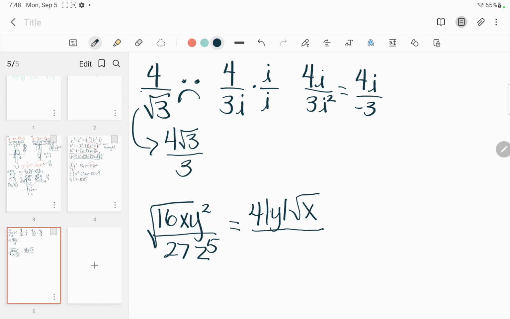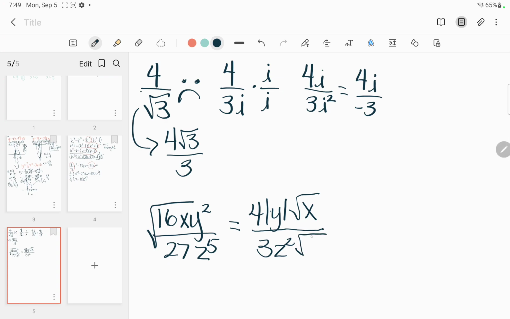All right, now 27, not a perfect square. That is 9 times 3, so I have 3. Z to the 5th, also not a perfect square. So I'm going to take z squared. Now that is going to be a positive value regardless of whether z is positive or negative, so you don't need to put it in the absolute value signs.